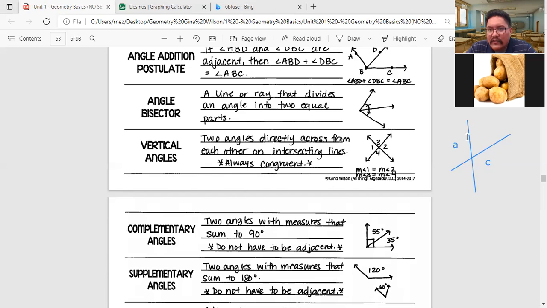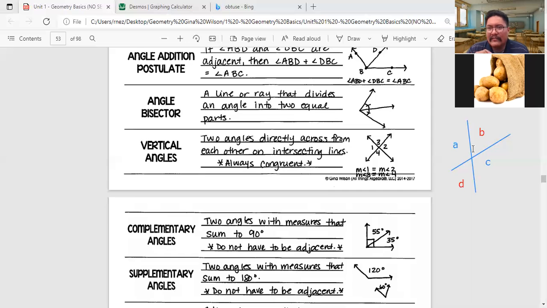And if I were to have two other angles, like B and D, those two across from each other would be congruent. They would both be the same size angle, and that would make them vertical angles.